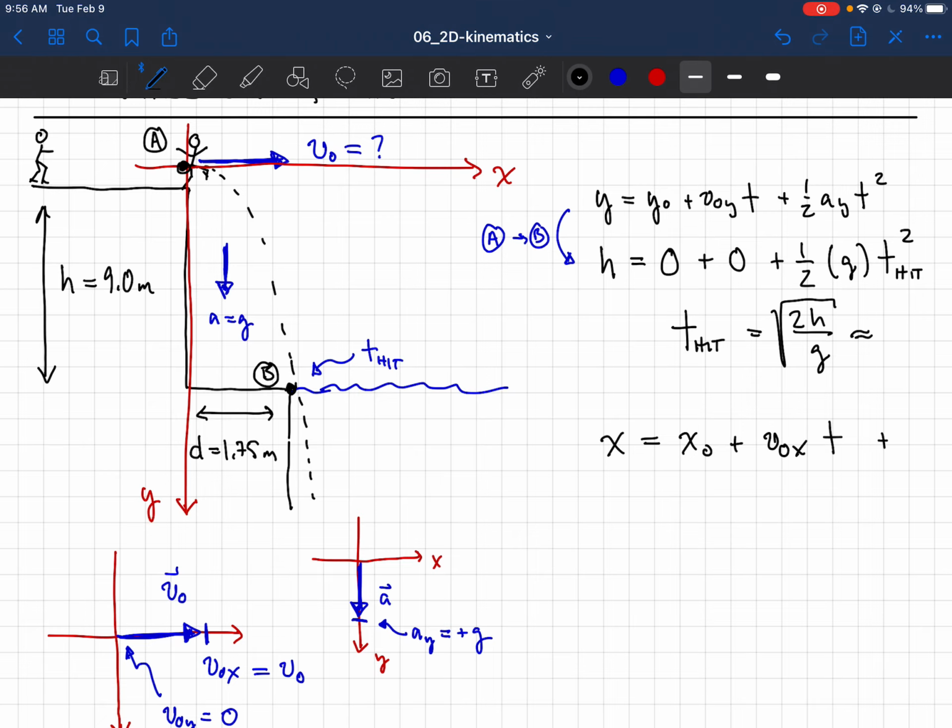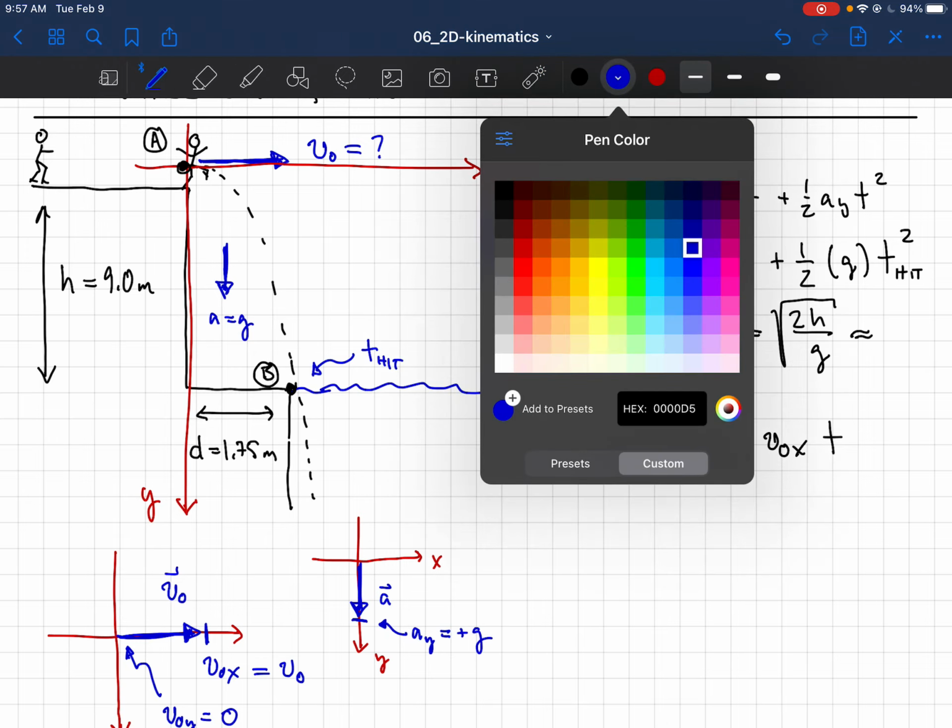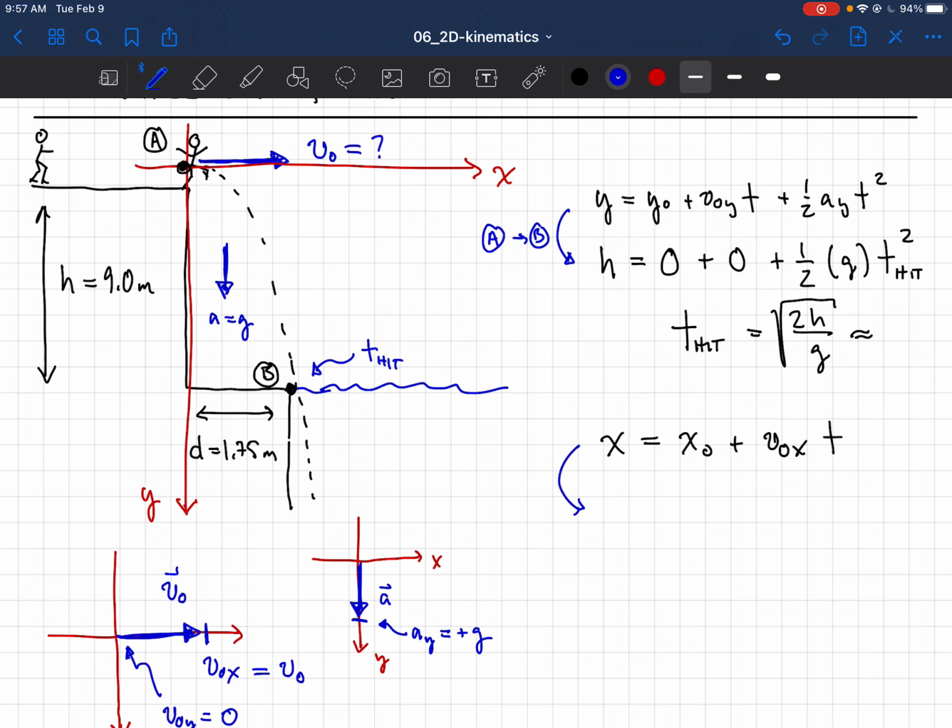If you want to, you could write a plus 1/2 ax t squared, and when you look at this acceleration vector, you see it has a 0 x component, and therefore this term goes to 0. But you can also just write down the constant velocity equation for position.